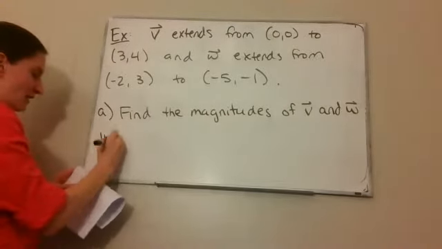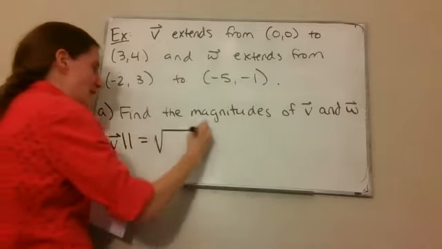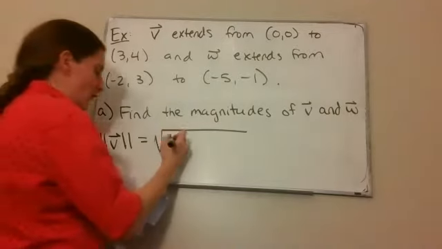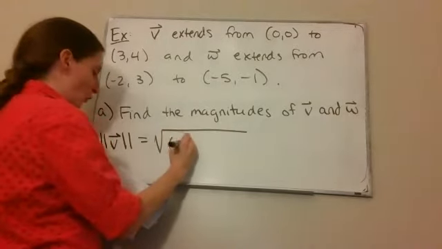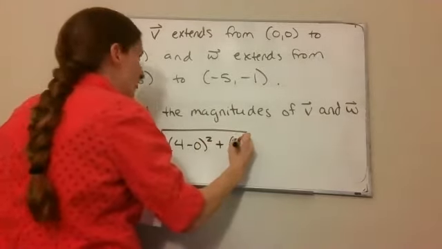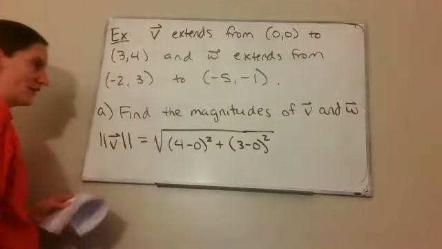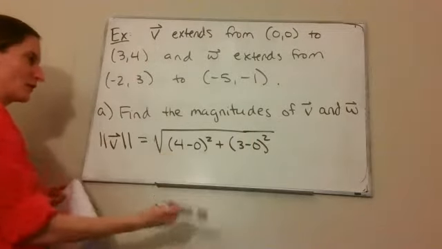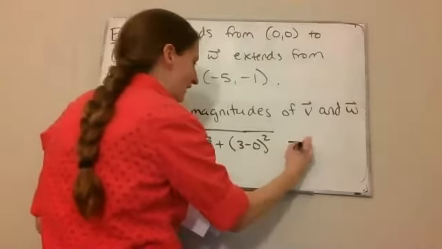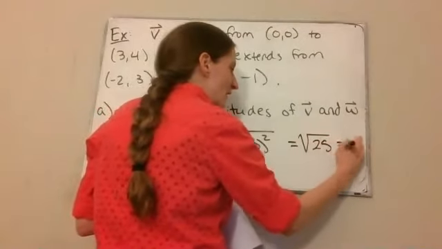So I can find the magnitude of vector v by using my distance formula. Remember the distance formula, you get the square root of your change in y's squared plus your change in x's squared. So if I simplify this, I have 4 squared, which is 16, 3 squared, which is 9, 16 plus 9 is 25. So I have the square root of 25, which is 5.